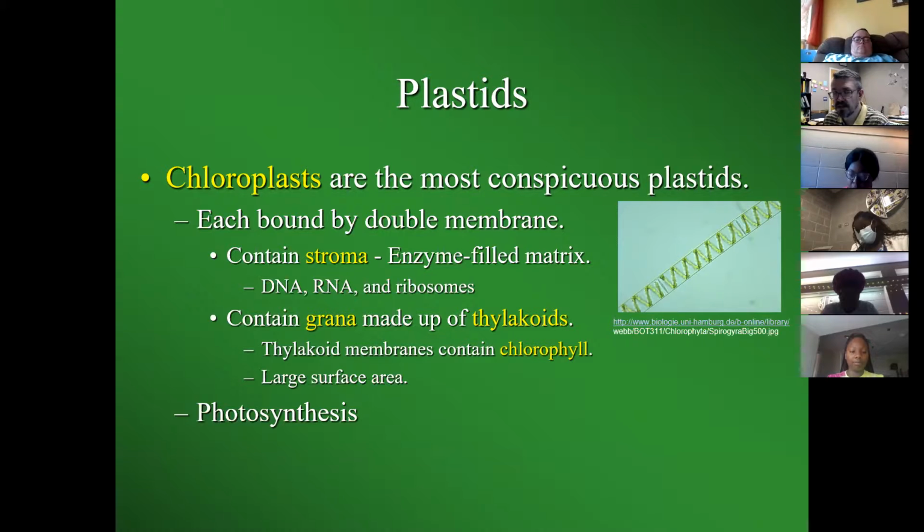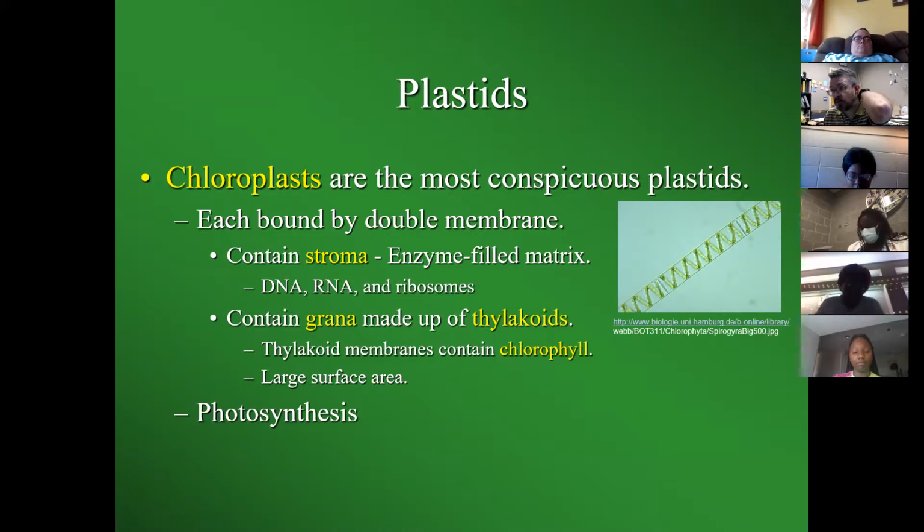Surface area is one of those things in biology that's so important. If you understand how surface area works, you're going to see a lot of things making much more sense as a biological process. So why have large surface area? So you can capture more light. Well, how do you do that?